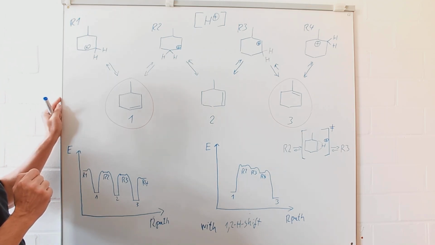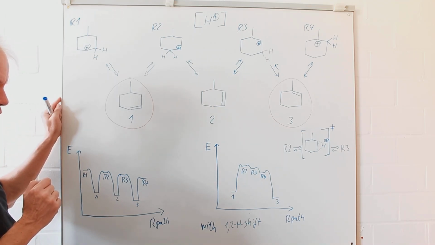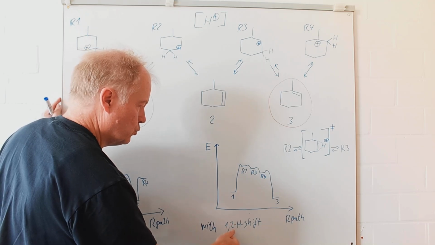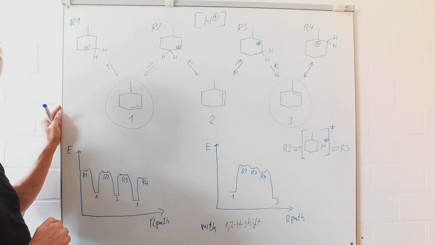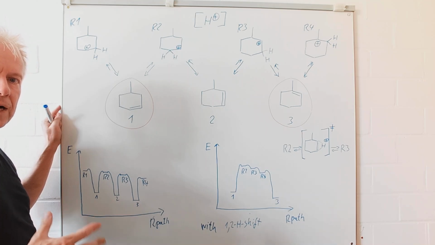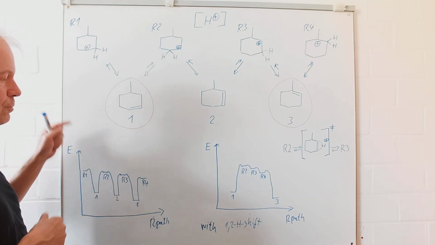However, we should keep in mind that also 1,2 hydrogen shifts can occur, closely related to the Wagner-Meerwein rearrangement.